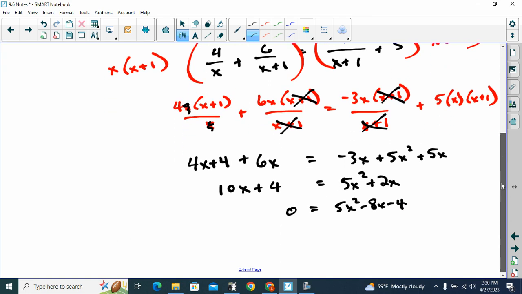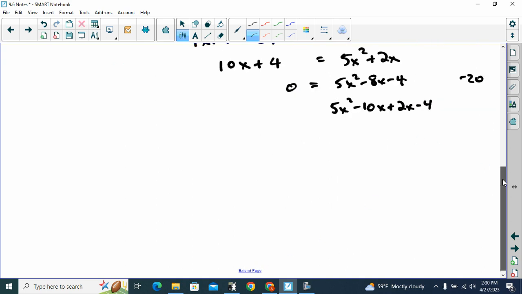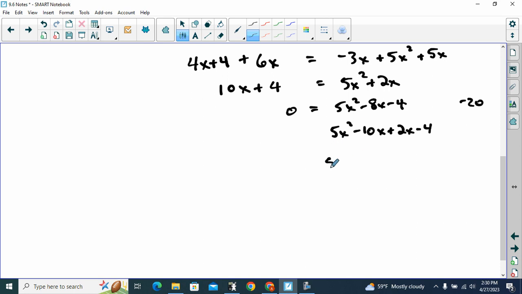We've got a quadratic. We solve quadratics by factoring and setting each factor equal to 0. 5 times negative 4 is negative 20. We need numbers that multiply to negative 20 and add up to negative 8. It'd be negative 10 and positive 2. And take a 5x out of the first two terms, a 2 out of the last two terms.